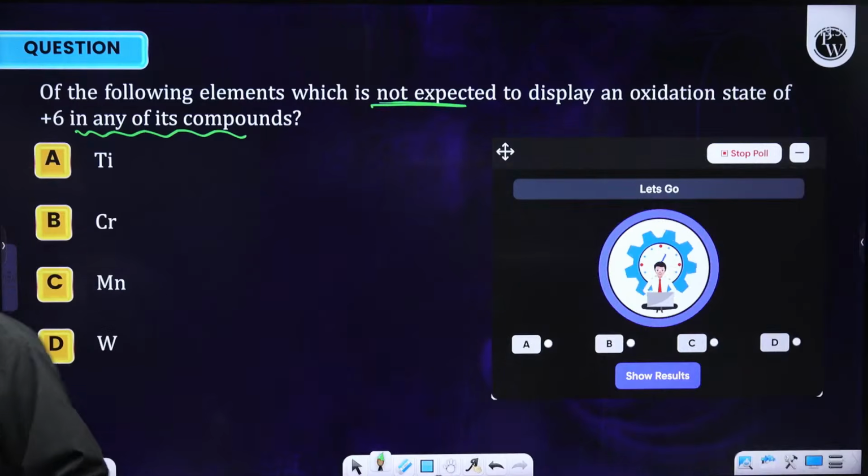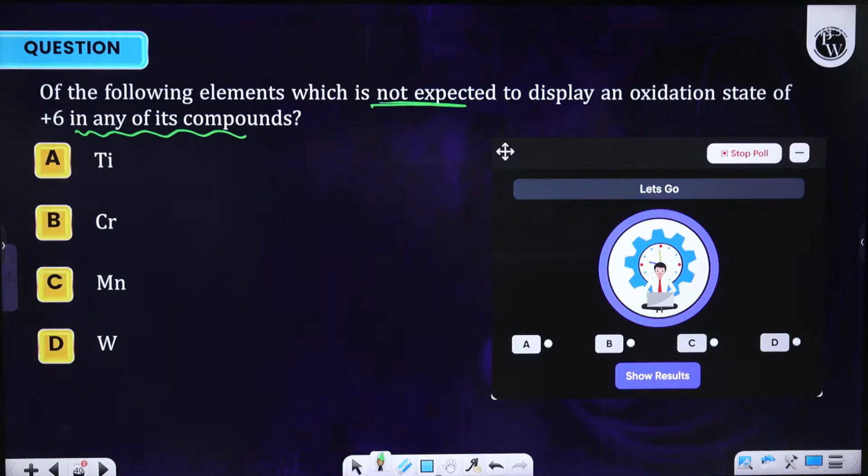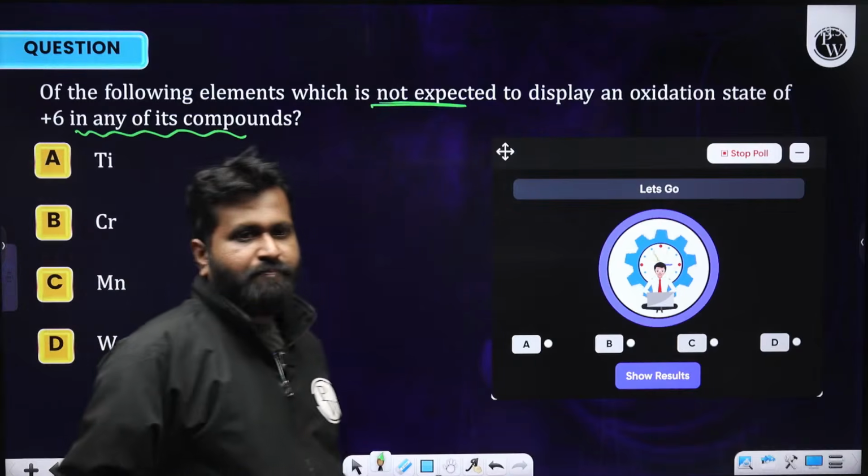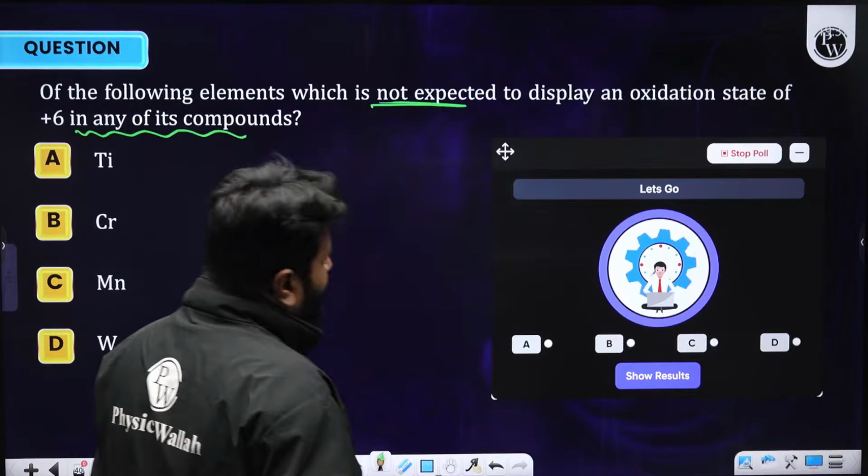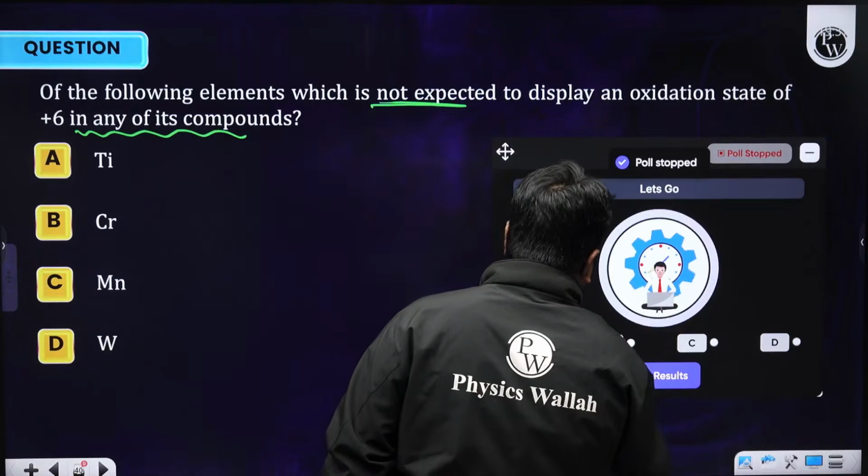The question is all about not expected. Exactly, the correct answer is option A.